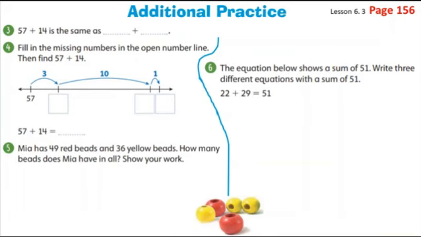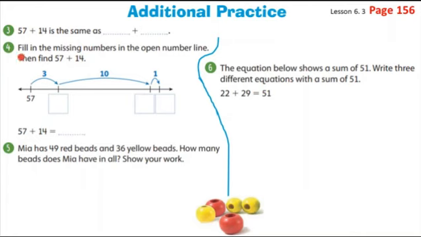We have some more additional practice on page 156. I want you to go through these problems. I will read them for you, and then I want you to pause the video and work on it yourself. Number 3, 57 plus 14 is the same as blank plus blank.